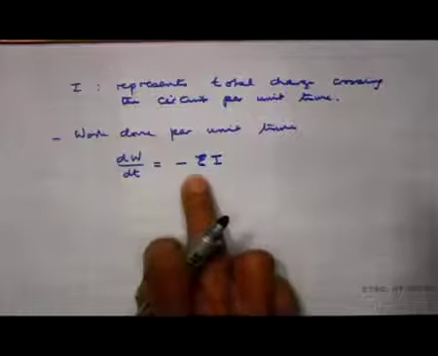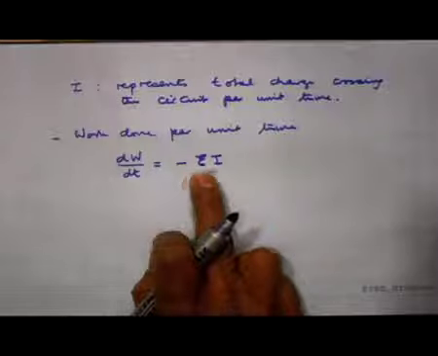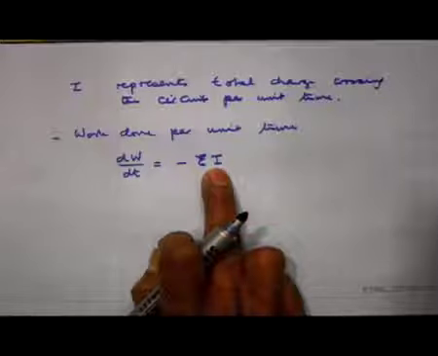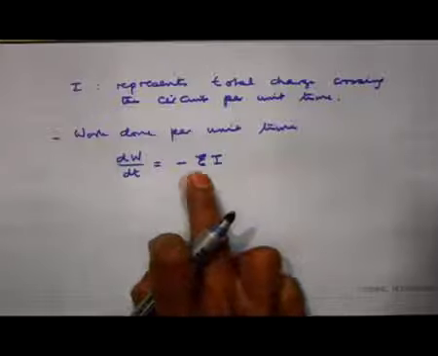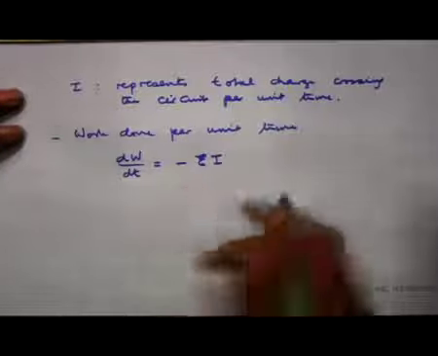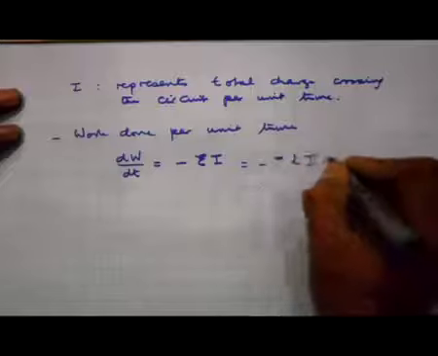Please note, work done in moving 1 unit charge through the circuit is minus E. I represents the amount of charge crossing per unit time. So, I must move I charges per unit time through the circuit, and for moving each charge I am doing a work minus E. So, the amount of work that I am doing per unit time against the induced EMF is essentially minus E times I, which is nothing but L I dI by dt.